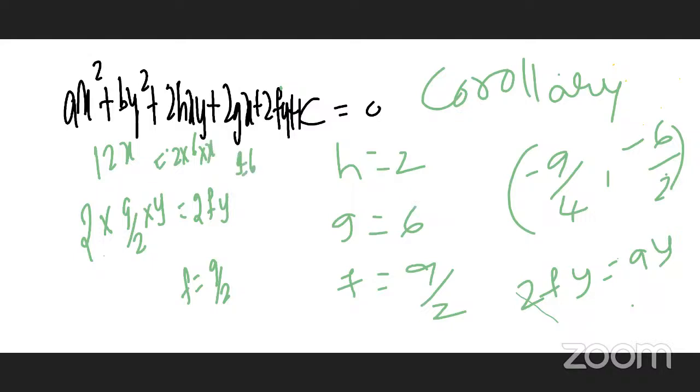Basic maths. Please be attentive to the class. These are some basic things. We are just equating the terms and finding the values. These things can be done even by 7th standard students.